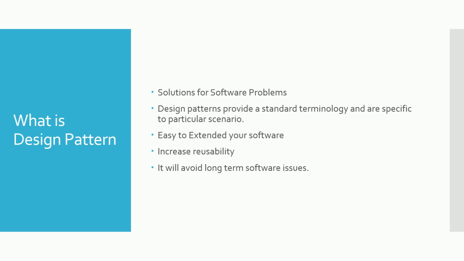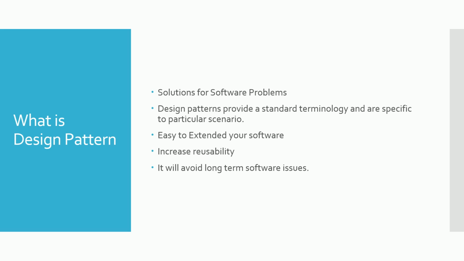Now we'll see what a design pattern is and what types are available in the software field. Technically, it is a solution for software problems. Each and every type of design pattern explains the problems and their solutions. You can find the appropriate way to get your solution in each and every type.